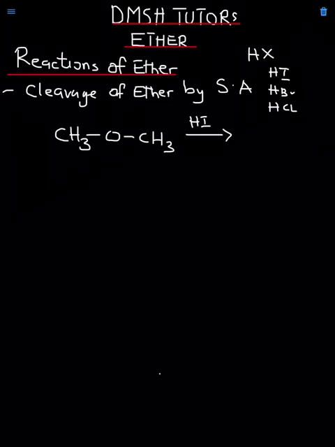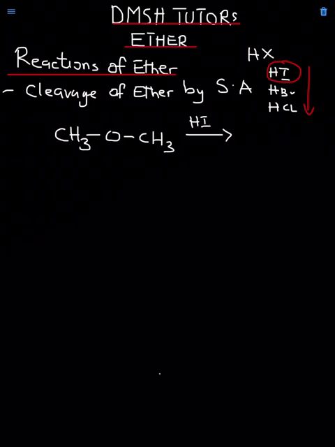But the most reactive of all these acids is hydrogen iodide, because the reactivity decreases as you come down the way I wrote it here. Iodide is the most suitable because the reaction is very fast, since iodide is a good nucleophile. So the reaction of hydrogen iodide with ether is the fastest compared to hydrogen bromide and hydrogen chloride.